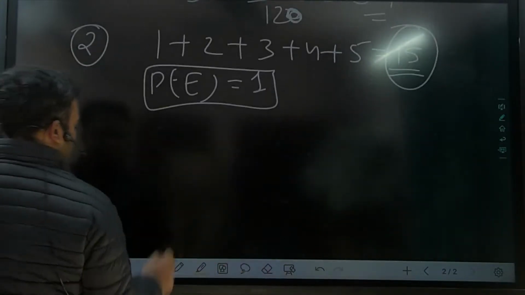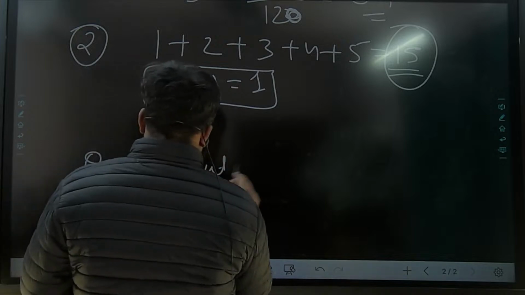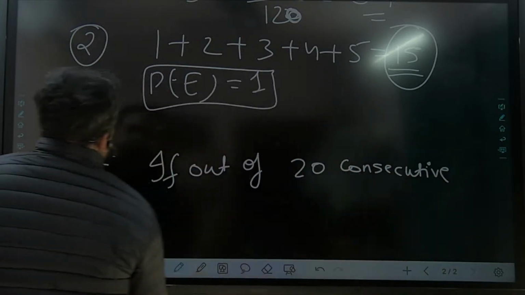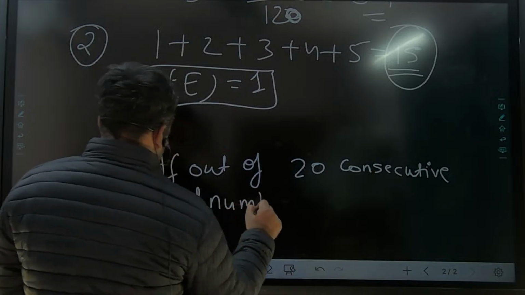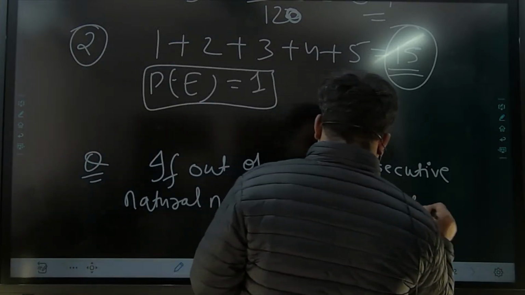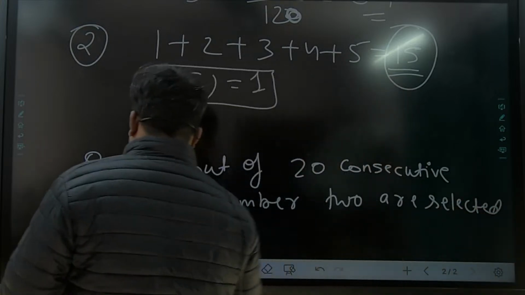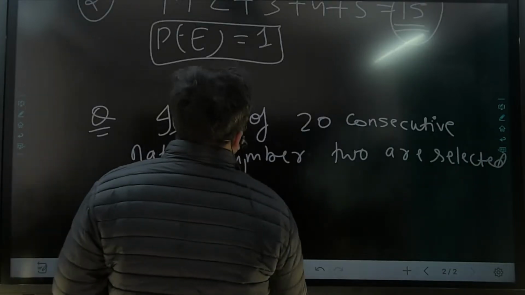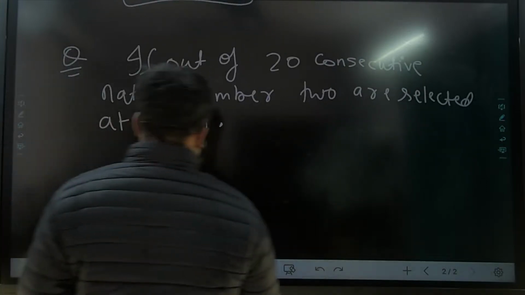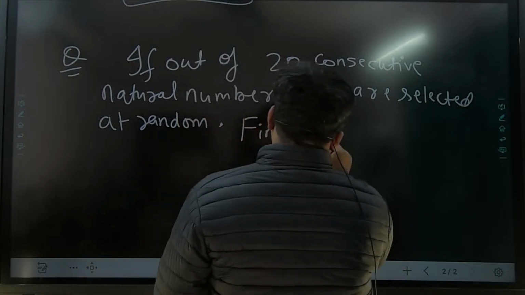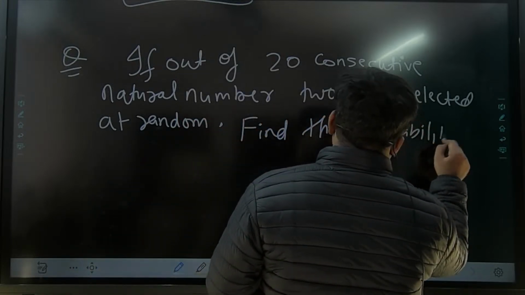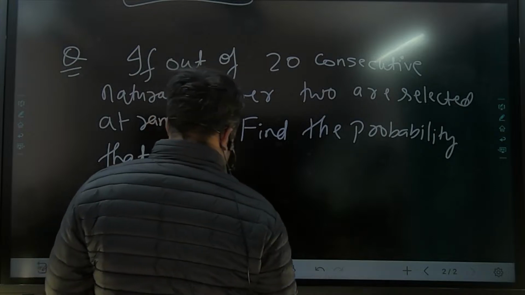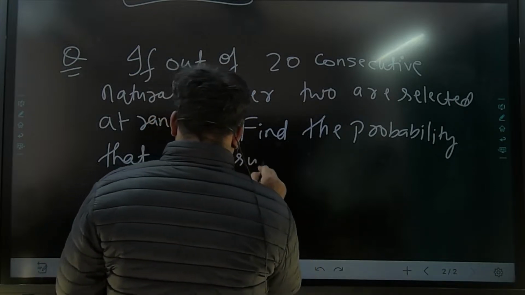We'll take one more problem. If out of 20 consecutive natural numbers, two are selected at random, find the probability that their sum is an odd number.